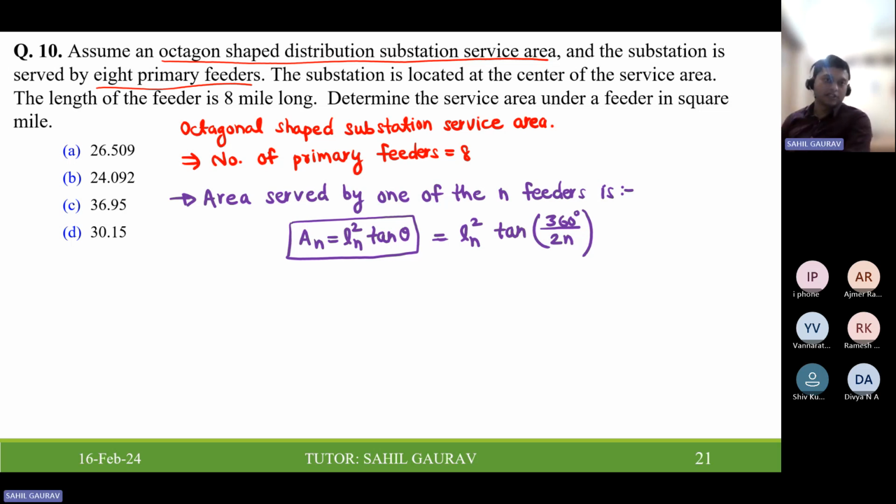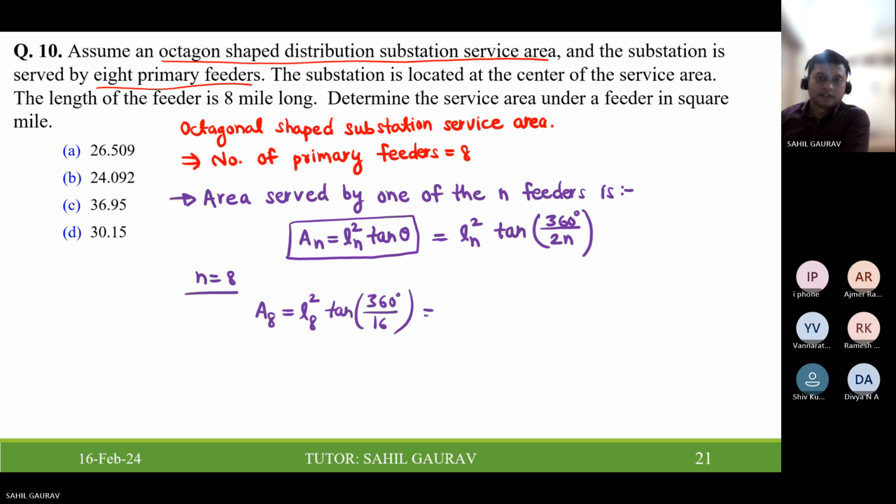They are asking for n equal to 8. So substitute n equal to 8. So A8 is L8 square into tan of 360 upon 16, that will come out as L8 square into tan 22.5 degrees.